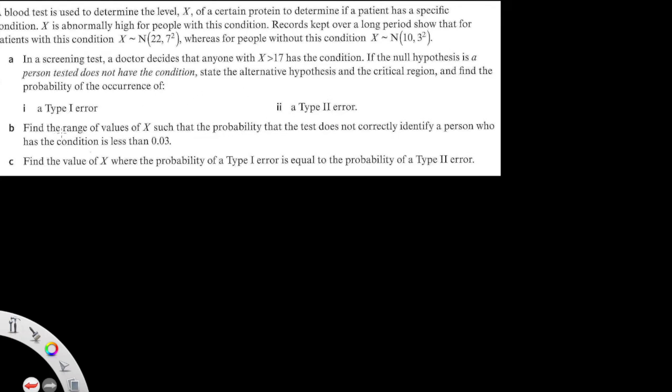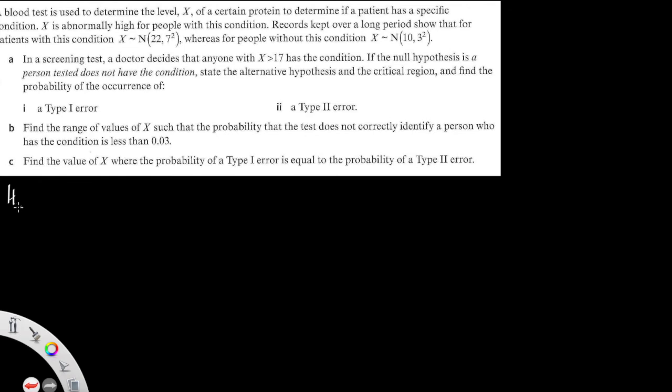Part B, find the range of values of x such that the probability that the test doesn't correctly identify a person who has the condition is less than 0.03. Part C, find the value of x where the probability of a type 1 error is equal to the probability of a type 2 error.